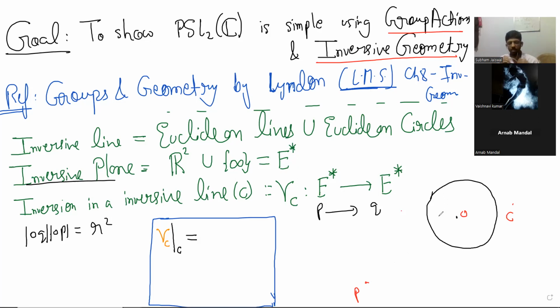Like it brings that point inside that circle. Okay. Right. And where does it take it? Like somewhere. Okay. Let's say it takes it to Q. Yeah. Take your time, think, and you can tell me.